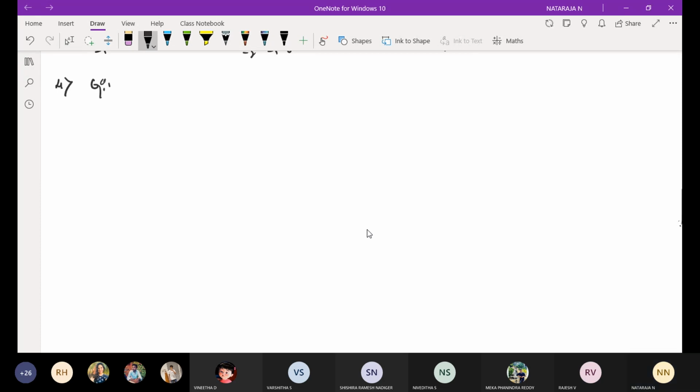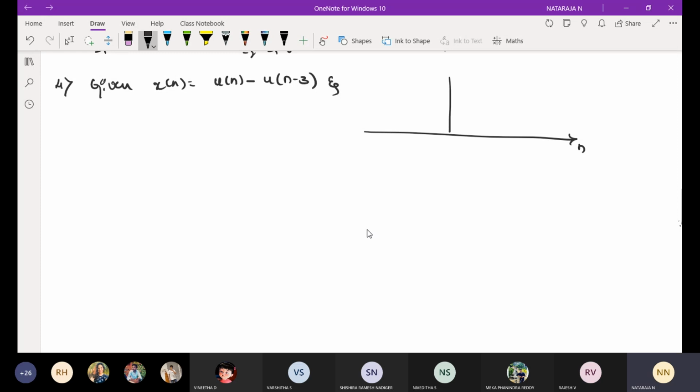given x of n is equal to u of n minus u of n minus 3, and h of n. They had given h of n, write down h of n.